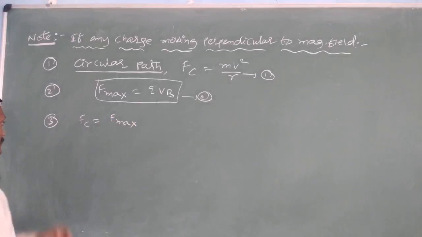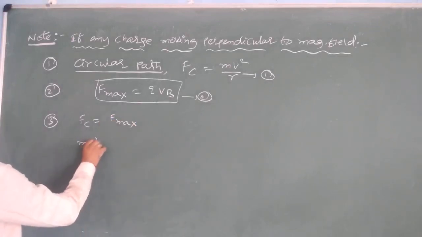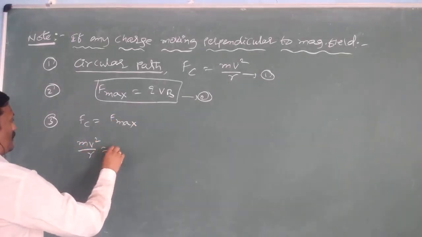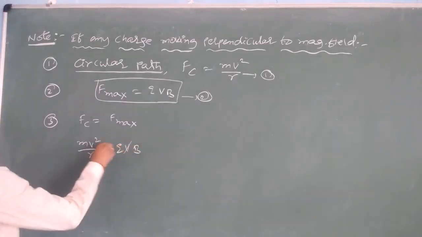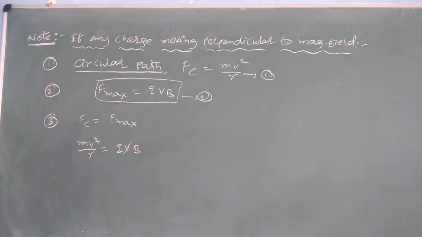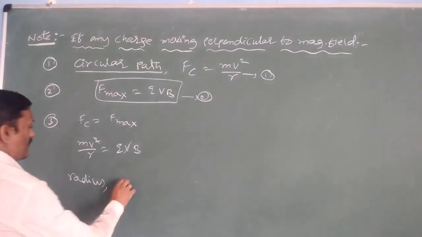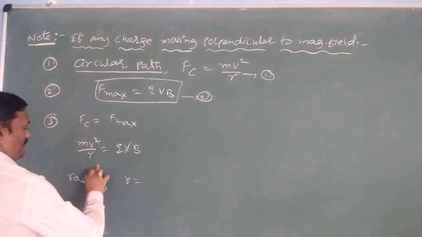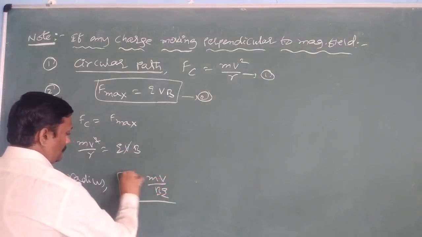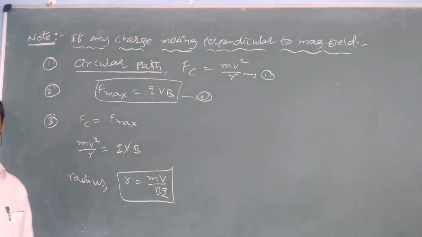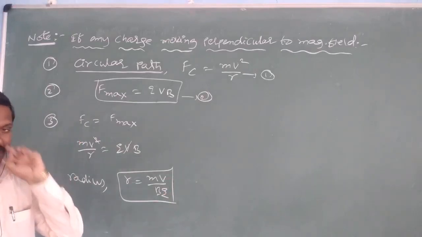Centripetal force is mv square by r, and maximum magnetic force is qvb. One v cancels on both sides. Then the expression for the radius of the circular path is r is equal to mv by Bq.